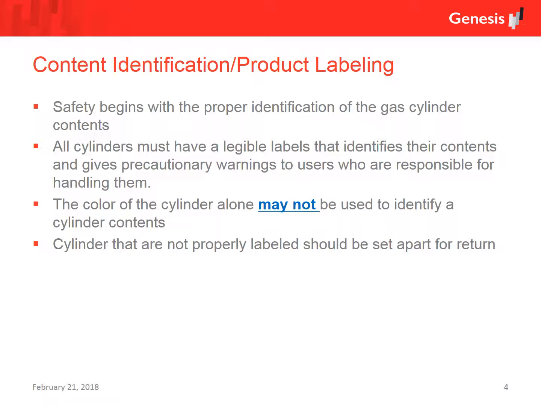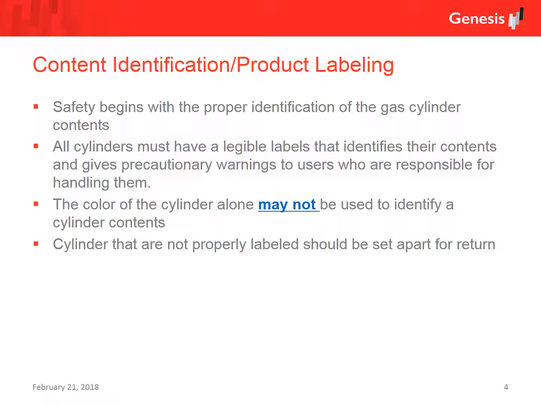All gases should be labeled. Safety begins with proper identification, which will have a label and pictograms. All cylinders must be readable, and the label will give precautionary warnings to the user and how to properly handle them. The color of the cylinder may not alone be used to identify cylinder contents.